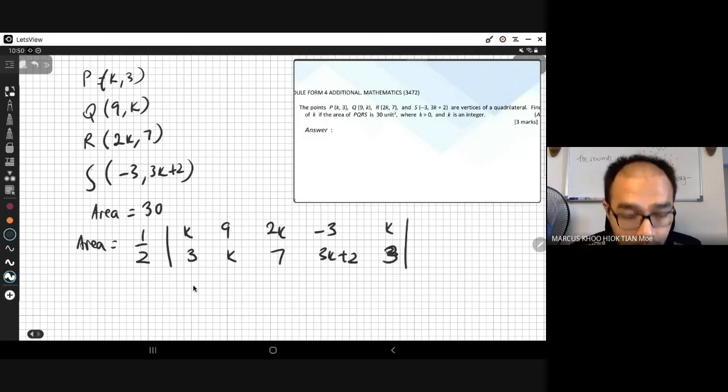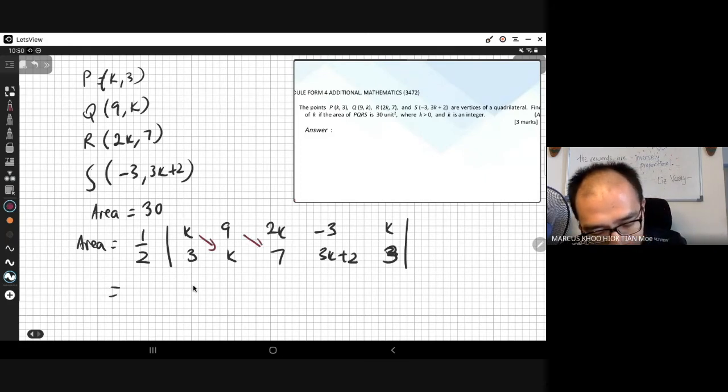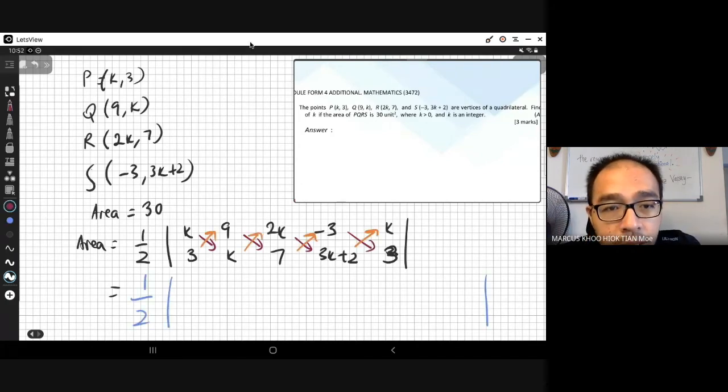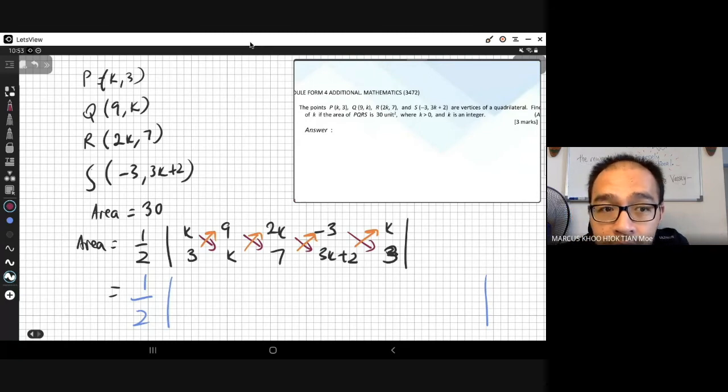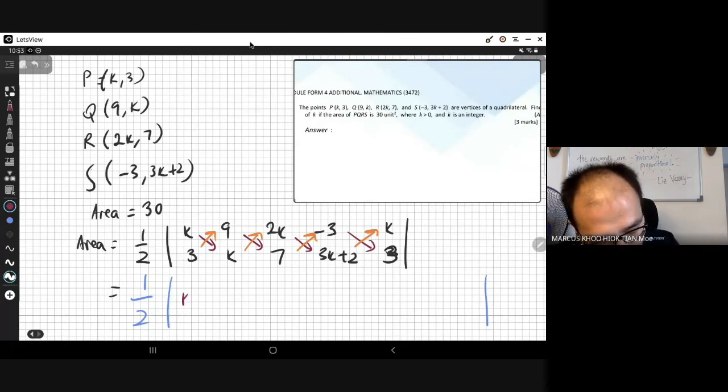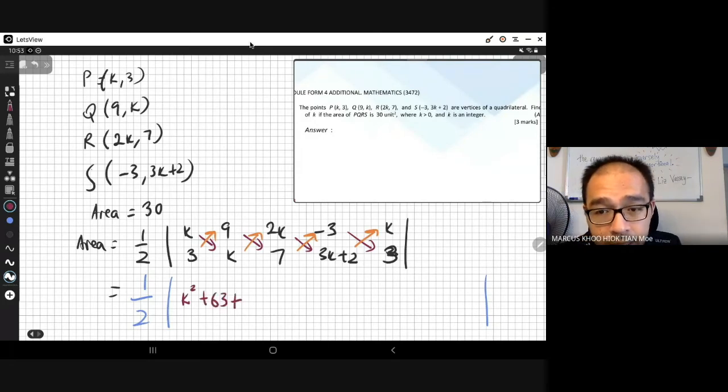Now, take some time, everybody, and again, do the same thing. Red group and orange group. K squared plus 63 plus 6K plus 2 minus 9. K squared plus 63 plus... Are you sure it's 6K plus 2?